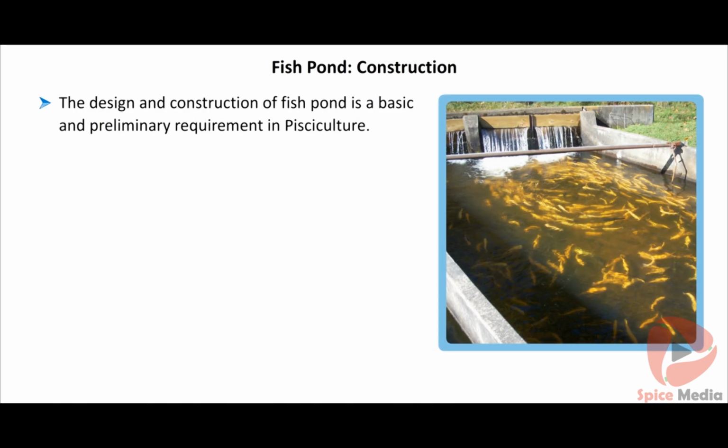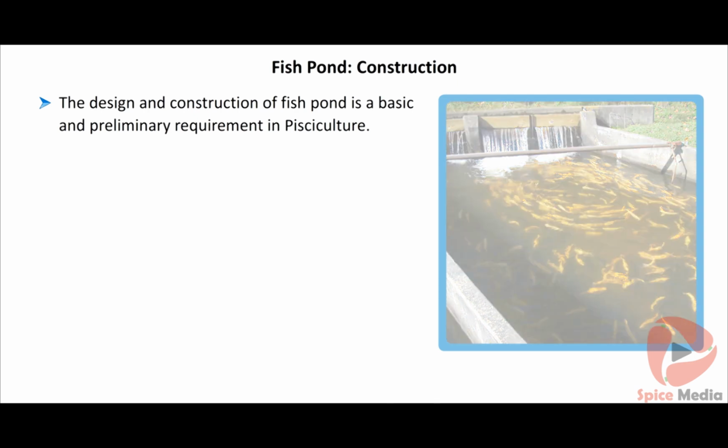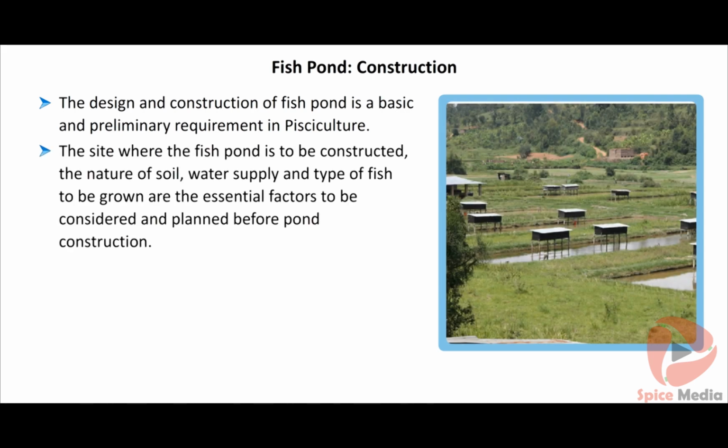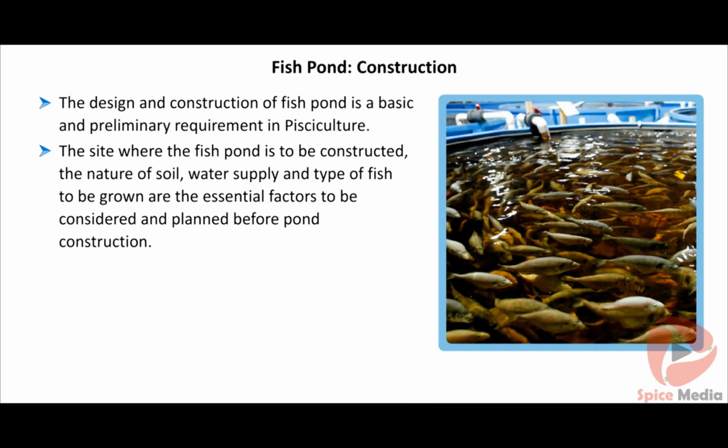Fish pond construction. The design and construction of a fish pond is a basic and preliminary requirement in pisciculture. The site where the fish pond is to be constructed, the nature of soil, water supply, and type of fish to be grown are the essential factors to be considered and planned before pond construction.